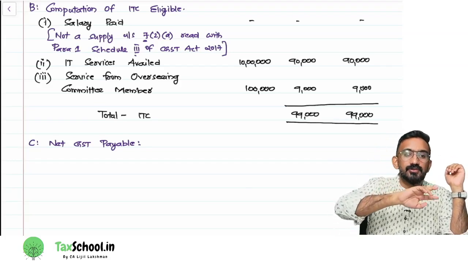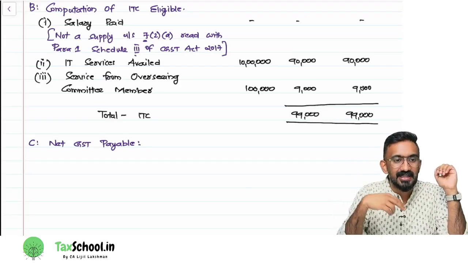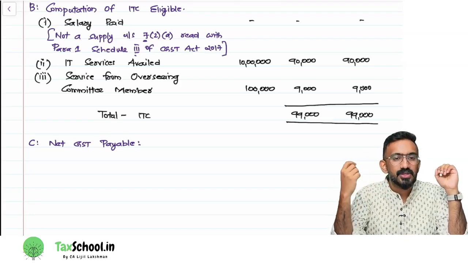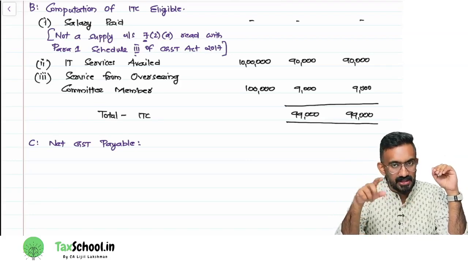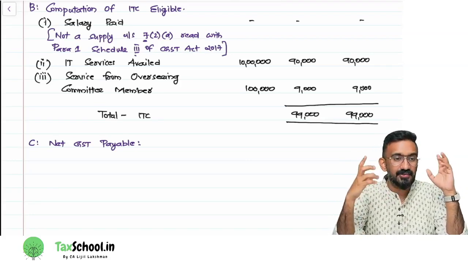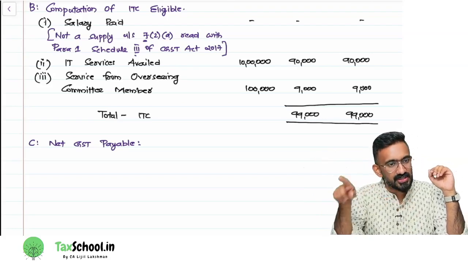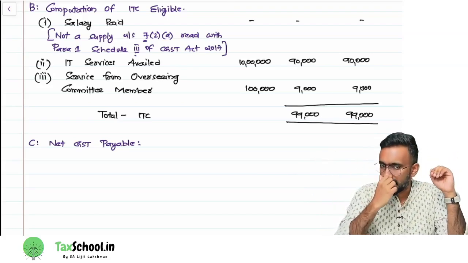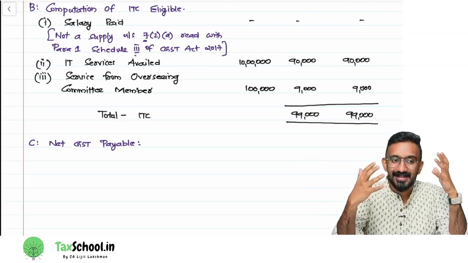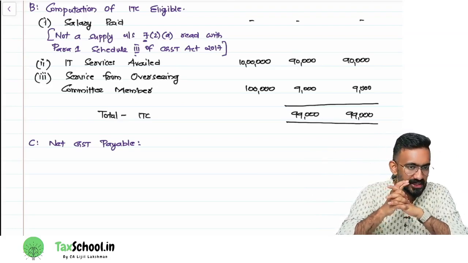Then IGST is fully over. I will go to CGST credit, set off against CGST. Then go to SGST credit, set off against SGST. So CGST, I will set off. Even after that, if I have extra CGST, I can set off against IGST. Then SGST, IGST. This is the method in which I should do the set off. So this is the manner of utilization of credit that you have under section 49.